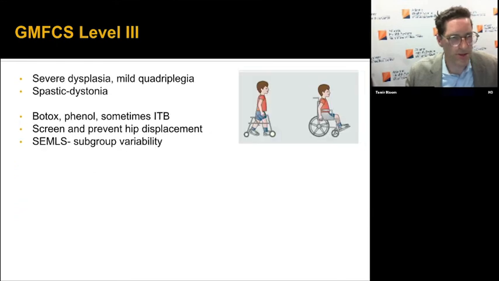The level 3s, Botox, phenol, sometimes intrathecal baclofen. Baclofen is quite helpful in managing dystonia. In these patients, we screen the hips and perform hip surgery to prevent hip displacement, as well as SEMLs.